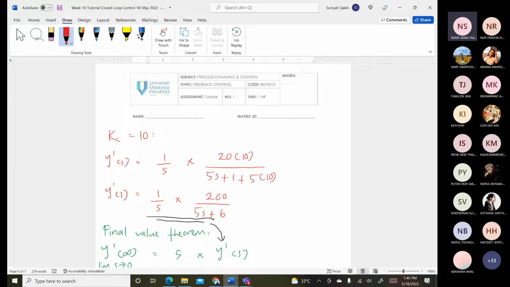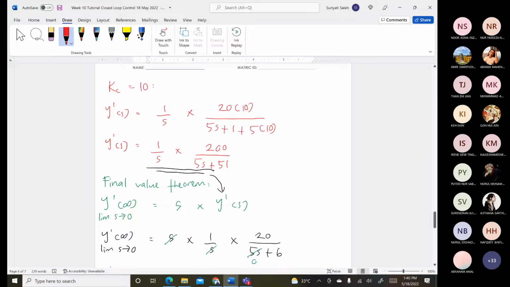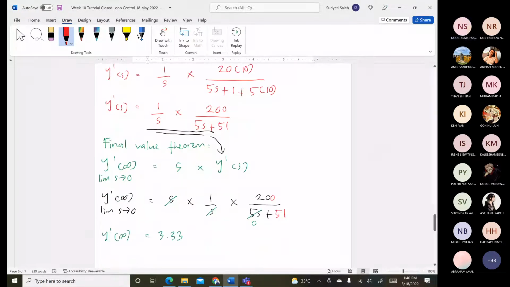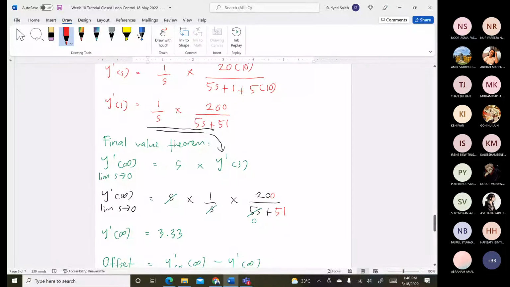In 5s plus 1, 5 multiplied by 10 will be 50, so you get 51. So the value now is 200 divided by 51. You get 3.92.